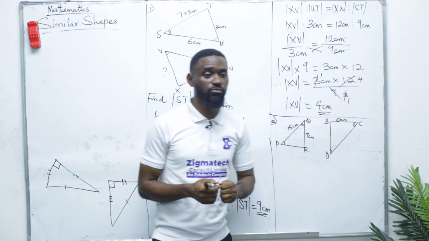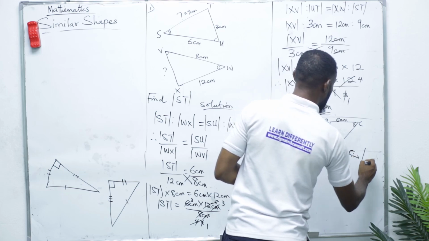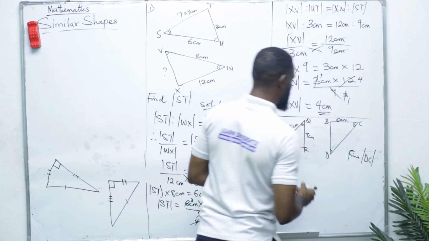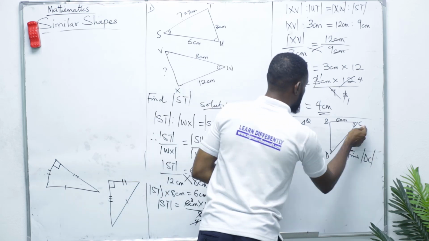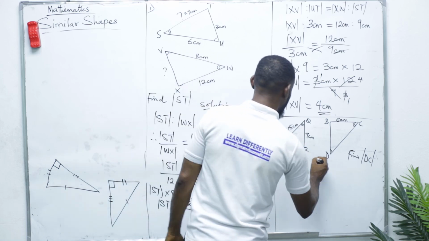So they're asking us to find DC. That is this DC. Is that okay? Simple.